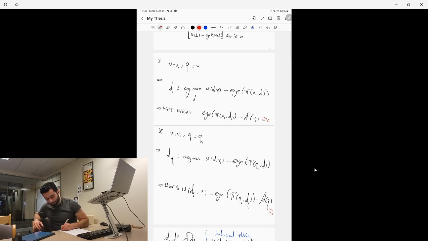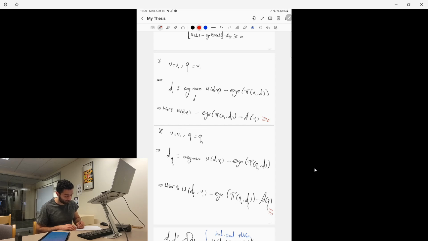If V is V2 and Q is V2, we will have the user's utility as U of D2, V2 minus eyeballing cost of pi V2 D2 minus A_V2.